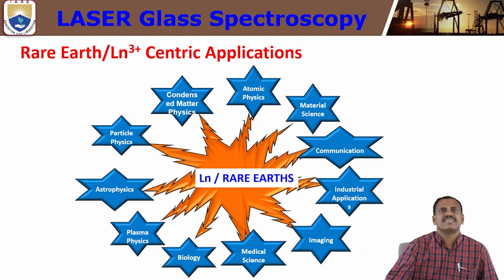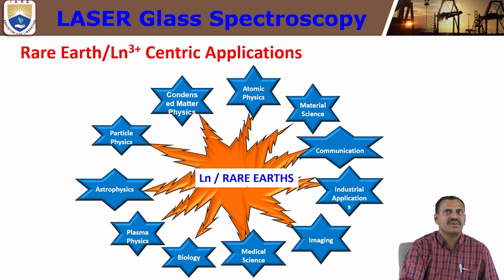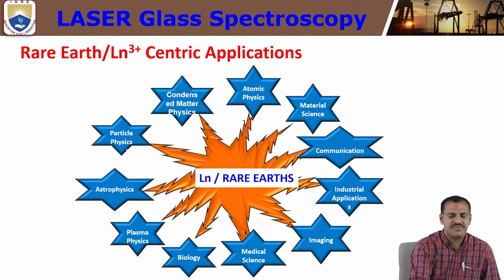Next, coming to the important applications of the rare earth or lanthanide ions. In condensed matter physics we can use different kinds of rare earth ions. Next, atomic physics, material science, communication, industrial applications. Next, imaging, medical science, biology, plasma physics, astrophysics, particle physics.